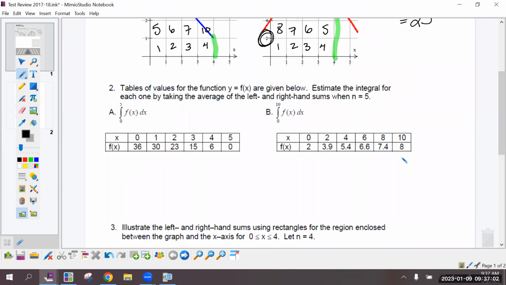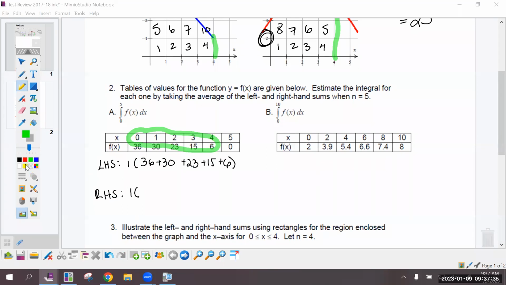Use the tables below to find the integral by averaging the left and right hand sums. Okay, so the left hand sum, my x scale is 1, and left is these values. Right hand sum is going to be these values.